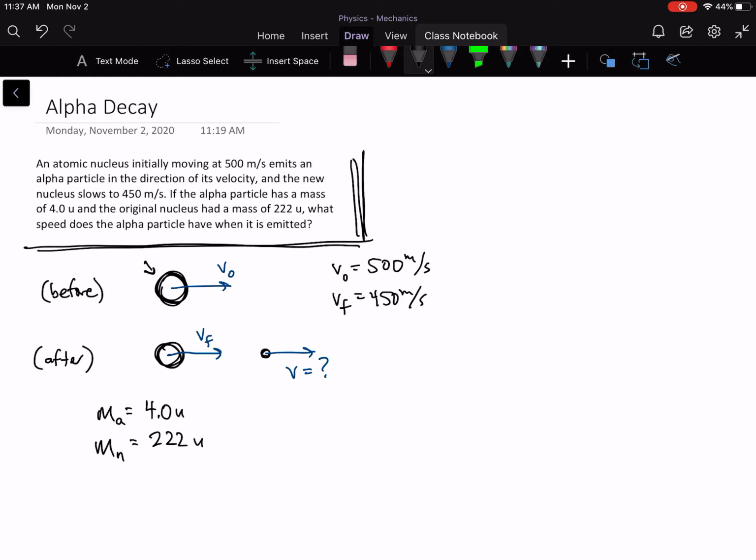And we know that this is going to apply because in that instant where this thing is decaying into a daughter nucleus and an alpha particle, the forces they are exerting on each other are huge, and things like the force of gravity or anything else that might be acting on these things are small.